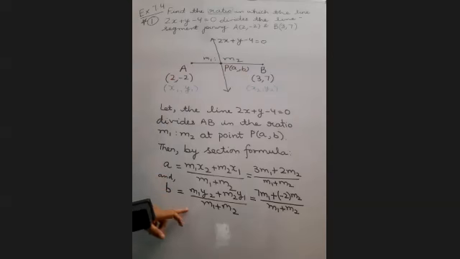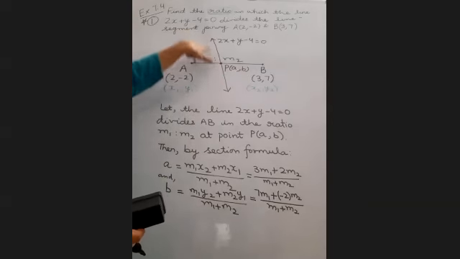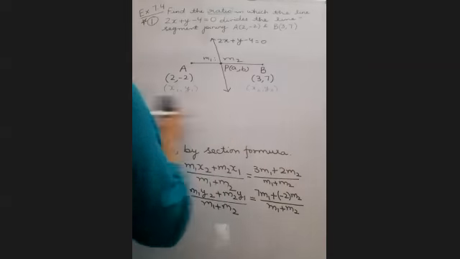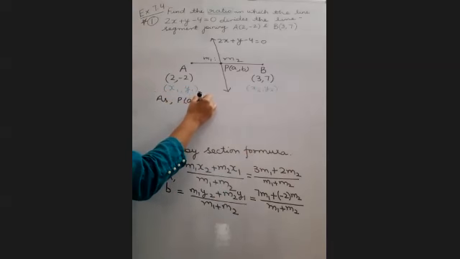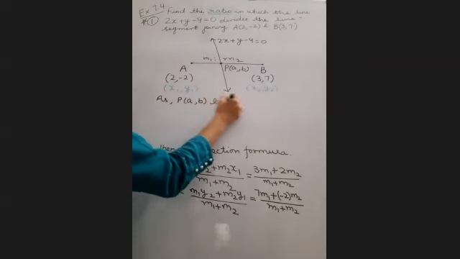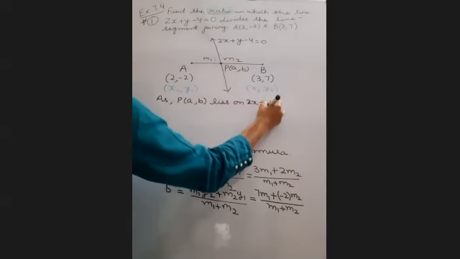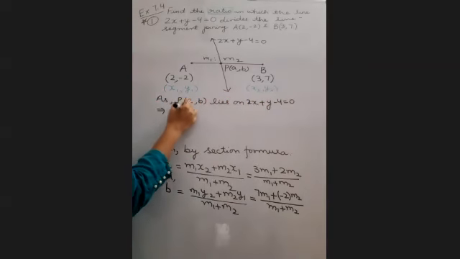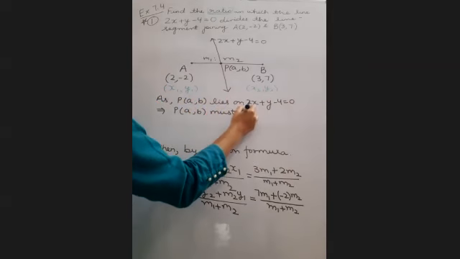Now we can see that this point P lies on this line as well. P(a, b) lies on 2x + y - 4 = 0, so this means P(a, b) must satisfy it.